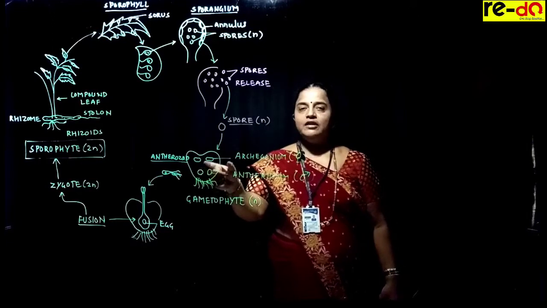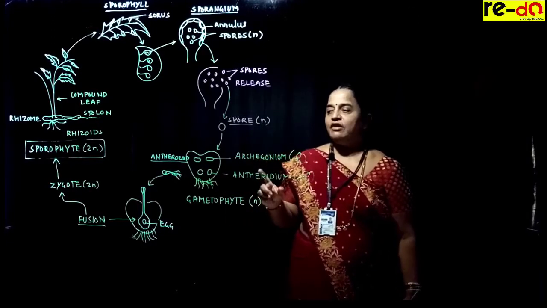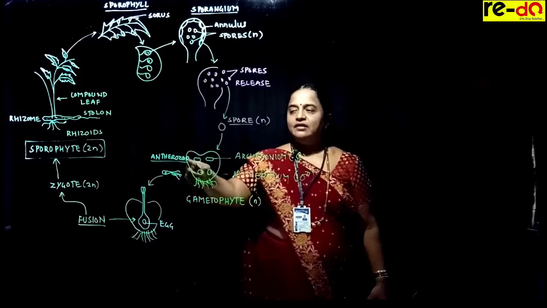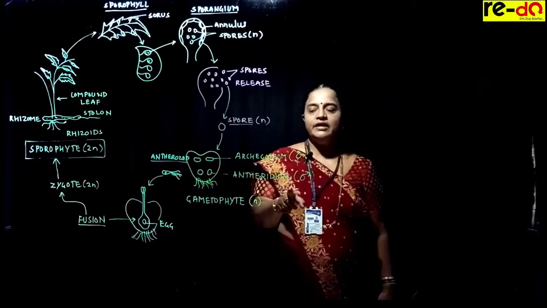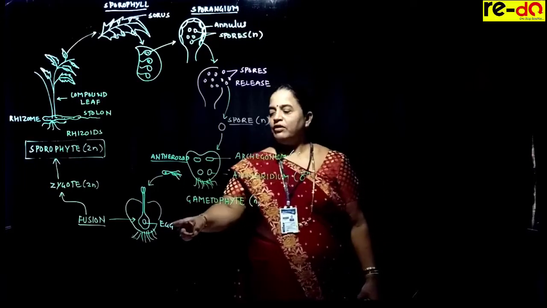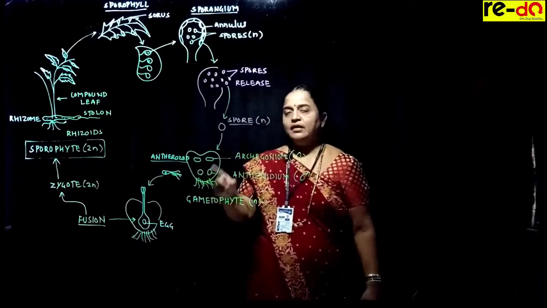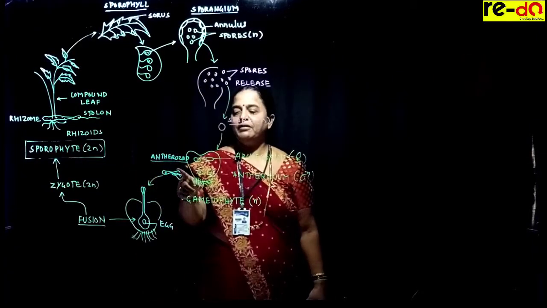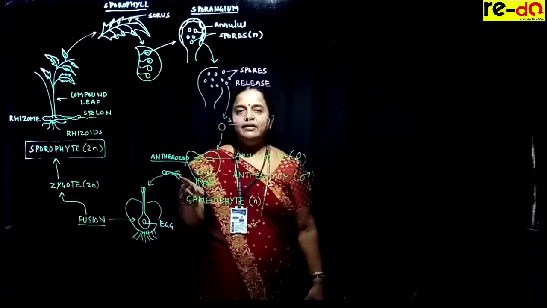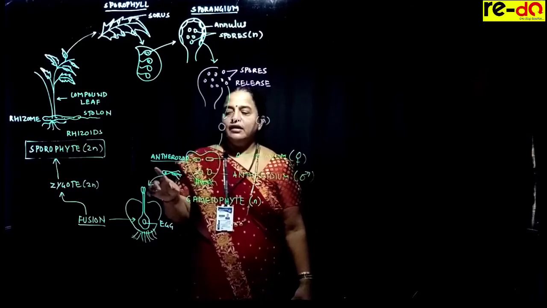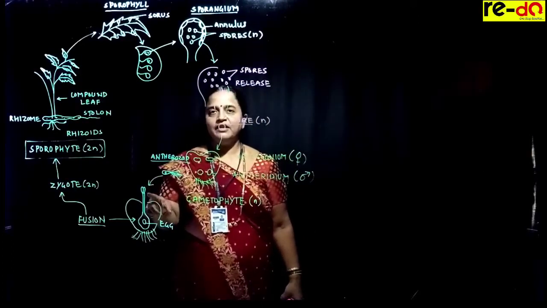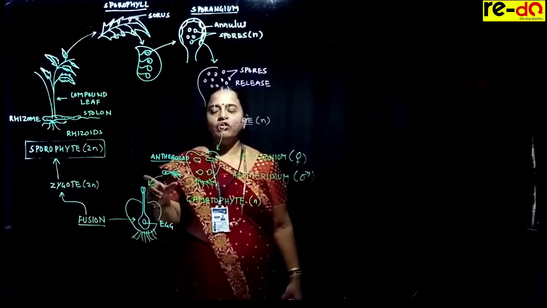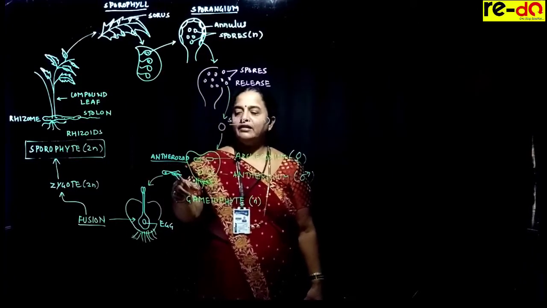This particular prothallus or gametophyte will produce antherozoids, which are multiflagellated. These develop in the antheridium, while the archegonium will develop the egg. In the rainy season, antherozoids having many flagellae start swimming in water, and the cap cells of the neck of the archegonium dissolve in water and release a chemical to attract the antherozoids.